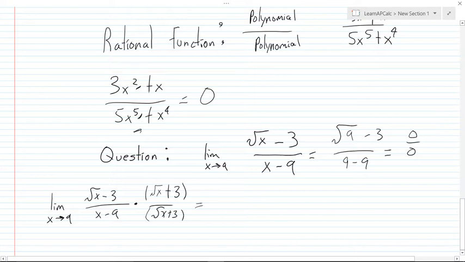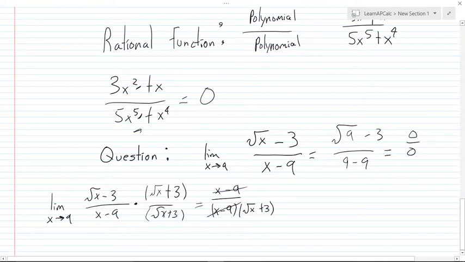Here we can see that if I multiply these two, I'll get x minus 9. And on the bottom here, I'm left with x minus 9 times square root of x plus 3.